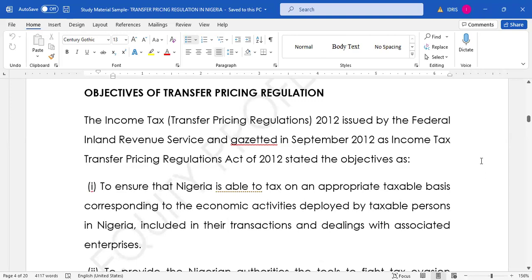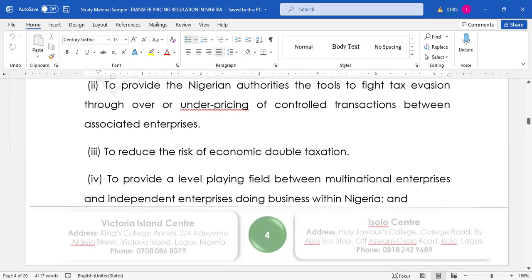Objective of transfer pricing regulation. Why do we need to regulate transfer pricing in Nigeria?